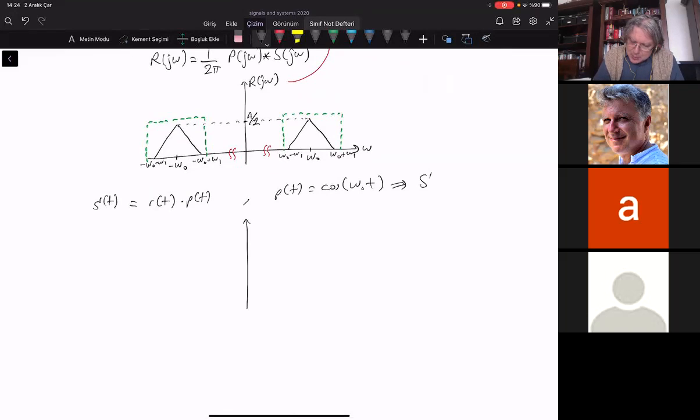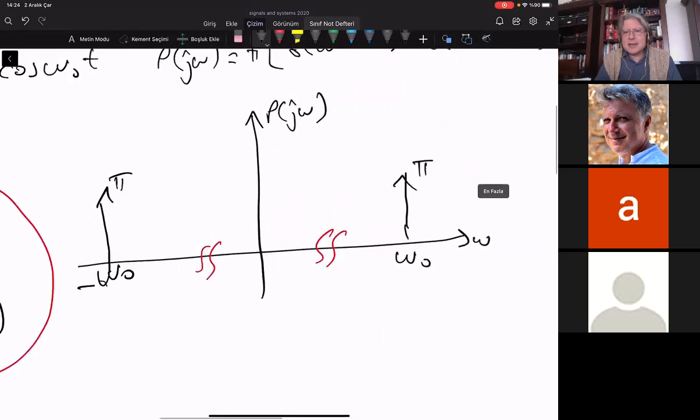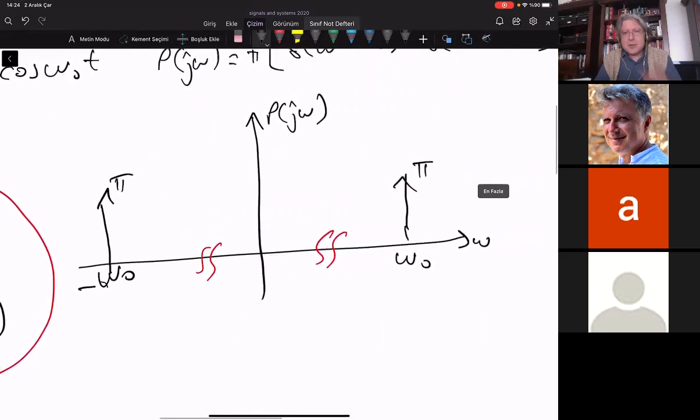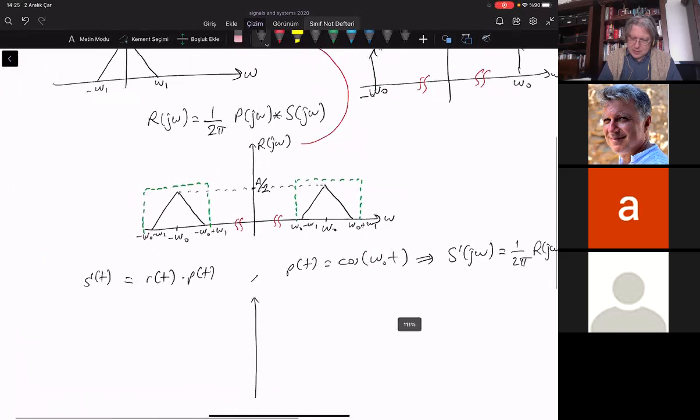It makes S prime of j omega equal to 1 over 2 pi times R of j omega convolved with P of j omega again. And P of j omega is this, okay, this again. I'm convolving my R of j omega with these two impulses once again.